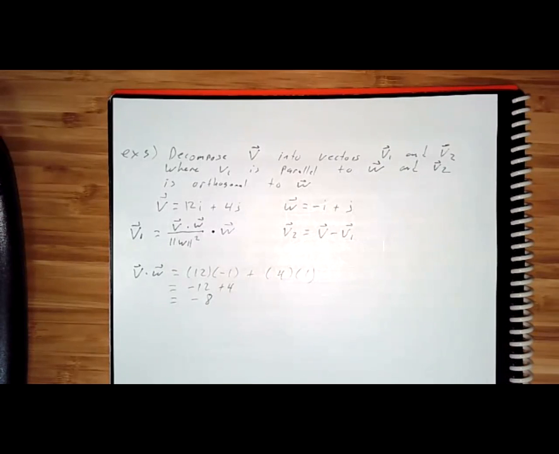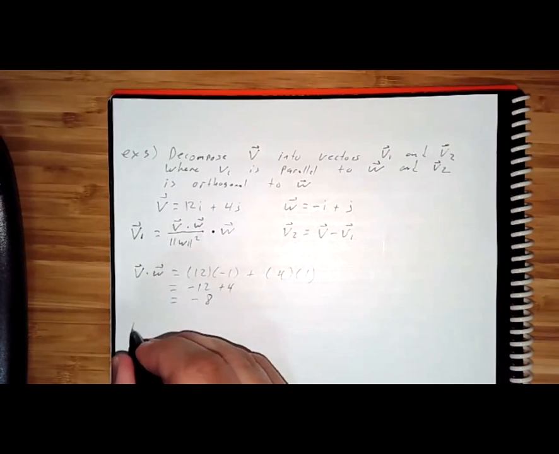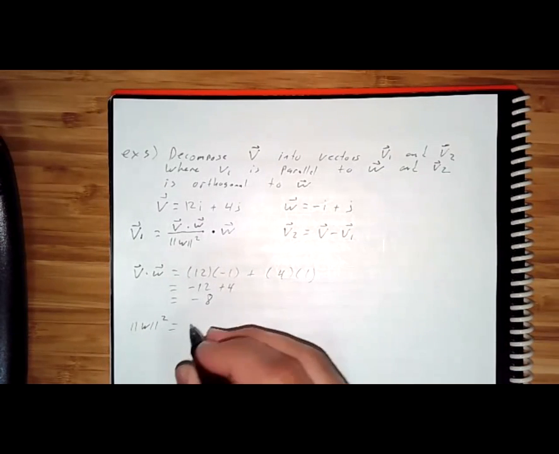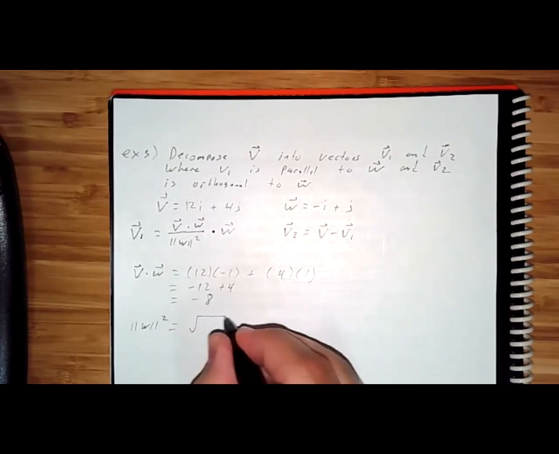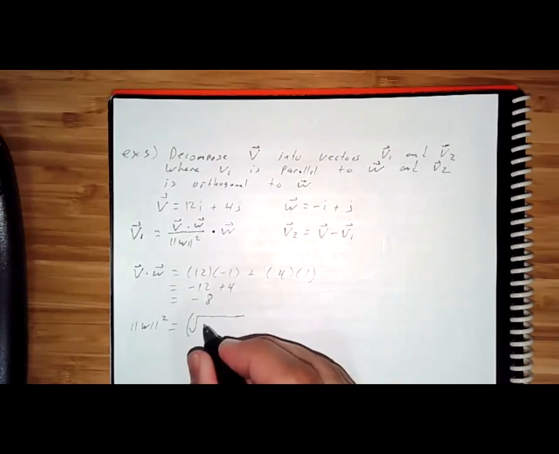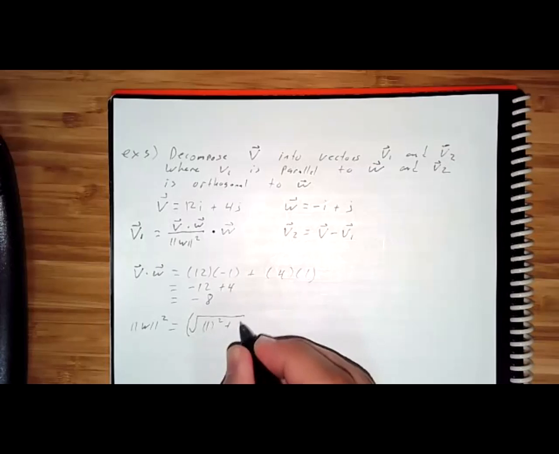Okay, so there's a dot product. Magnitude of W squared would be the square root squared of 1 squared plus 1 squared.